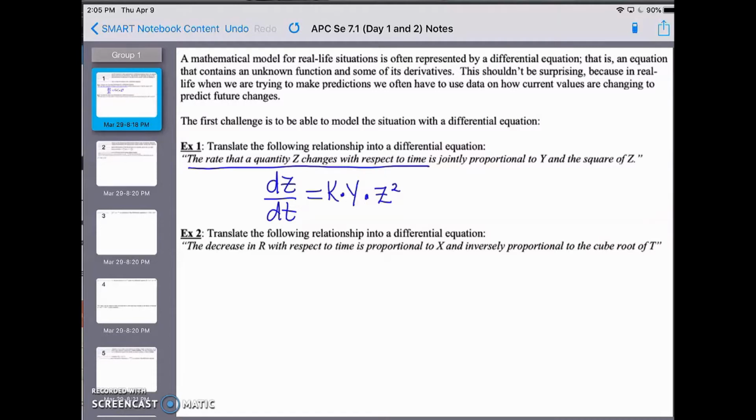Let's take a look at example 2. Again, we're looking to translate this relationship into a differential equation.